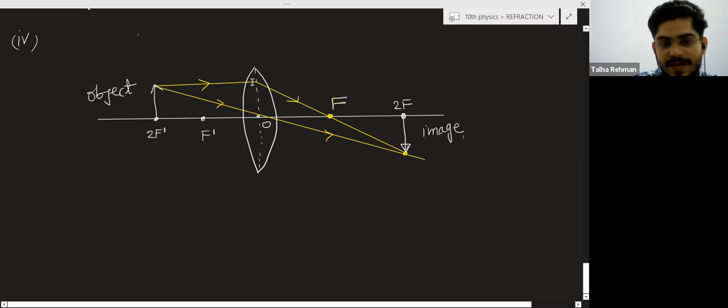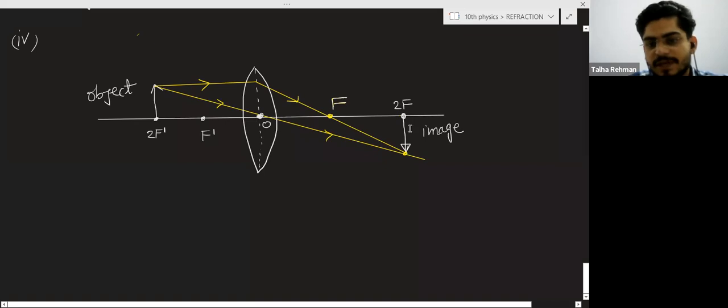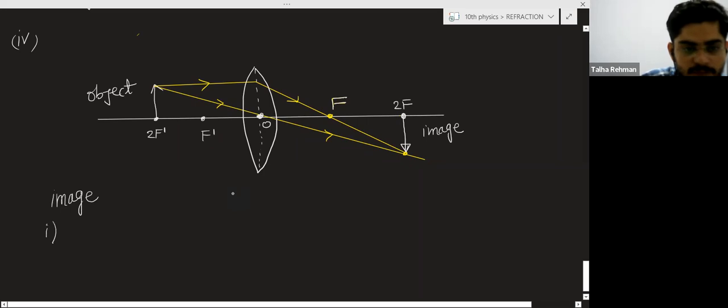The first ray, parallel to the principal axis, will pass from the focus, and the second ray will pass from the optical center, and both rays will meet at this point, and the image will be formed at 2f. About the image: it will be real and inverted.